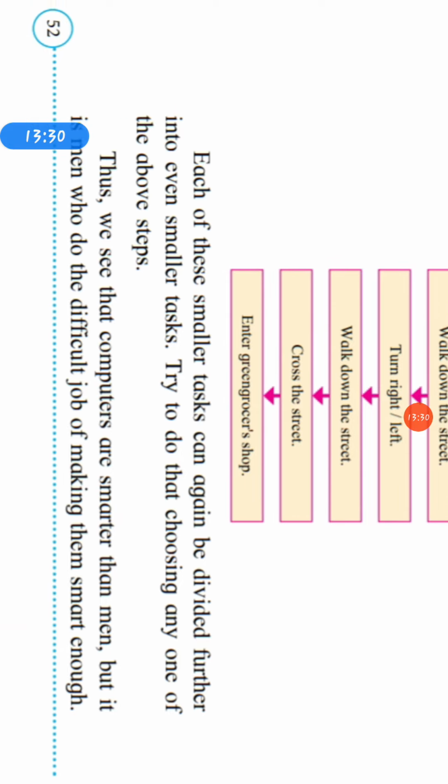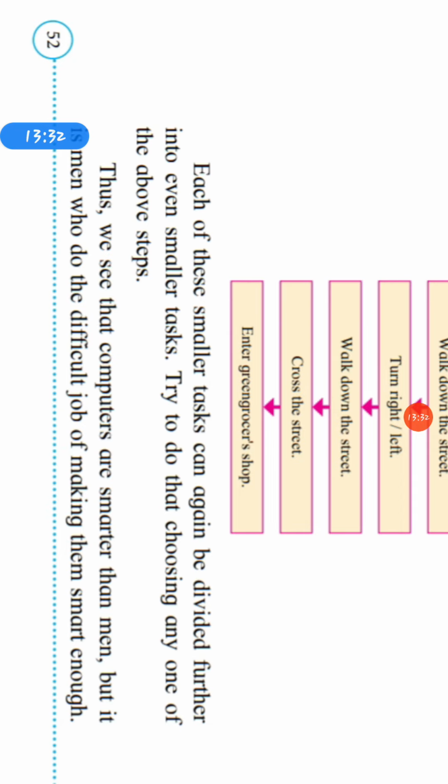Thus, we see the computer is smarter than man, but it is man who does the difficult job of making it smart enough. As we said, the computer is very smart, and the computer is an electronic machine, but you have to instruct it carefully. We say the computer is smarter than man.